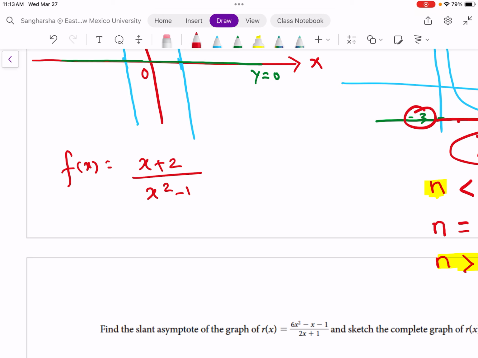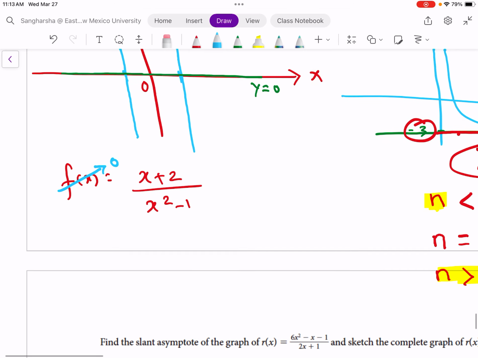We are finding a point where the graph crosses the x-axis, right? And every point on the x-axis has y-coordinate equal to 0. So what do we substitute for the x-intercept? We substitute y equals 0 or f of x equals 0. In order to find the x-intercept, you always substitute y equals 0 or f of x equals 0.